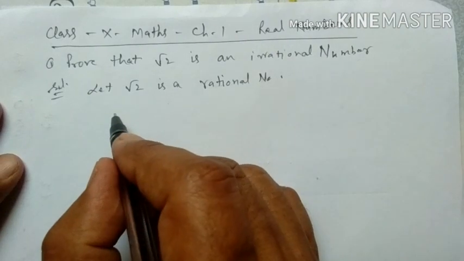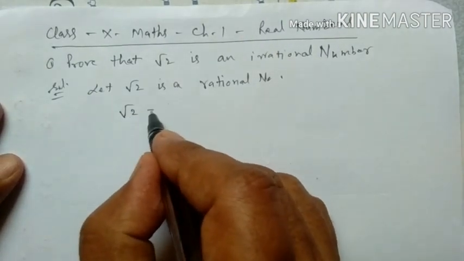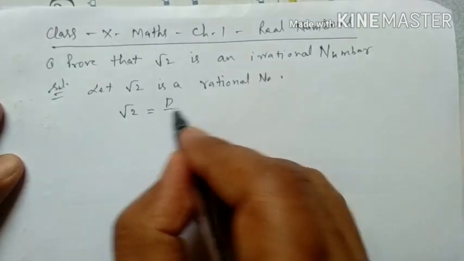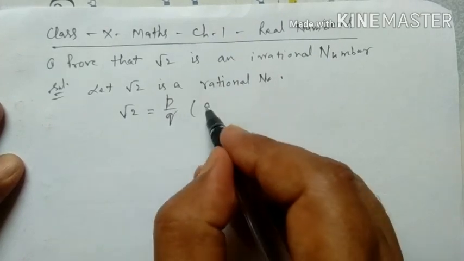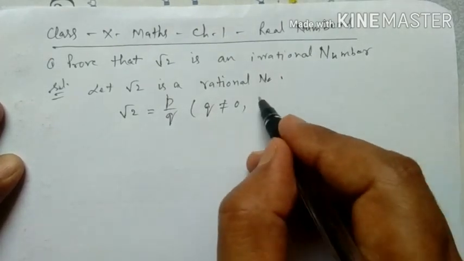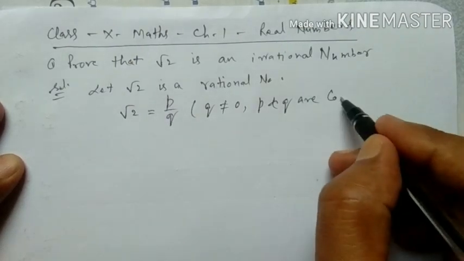Then from the definition of rational number we can write under root 2 equal to p by q, where q is not equal to 0 and p and q are co-prime.